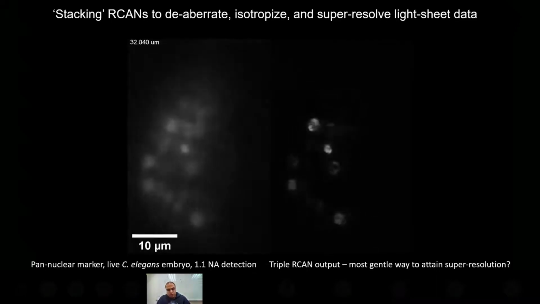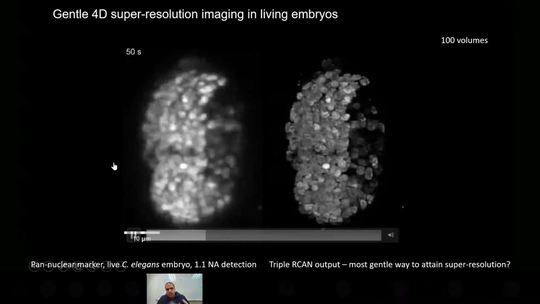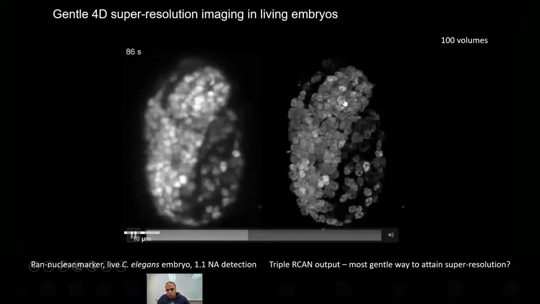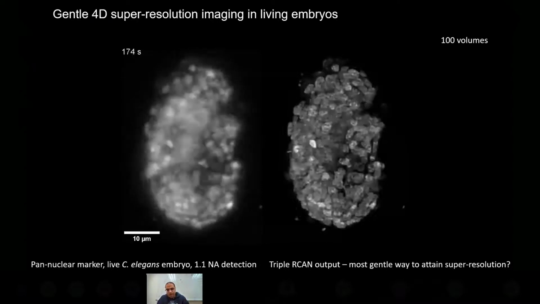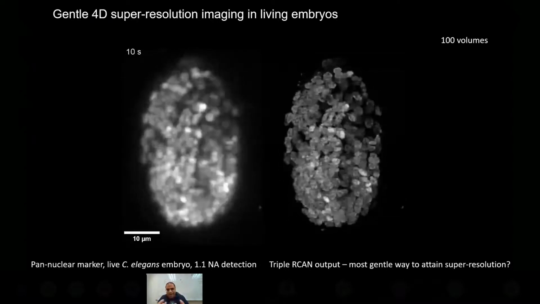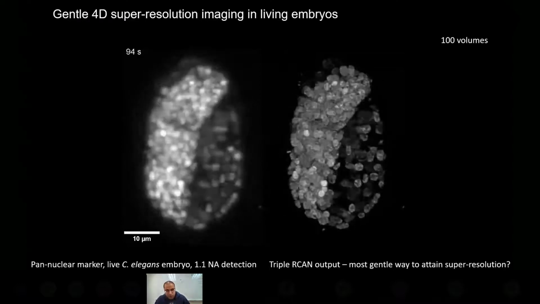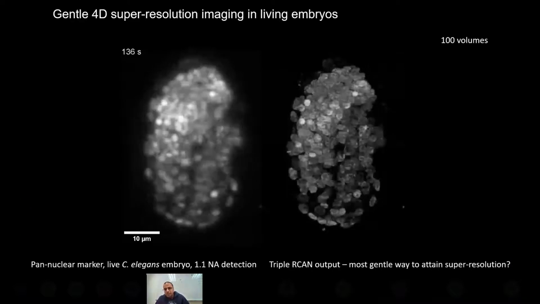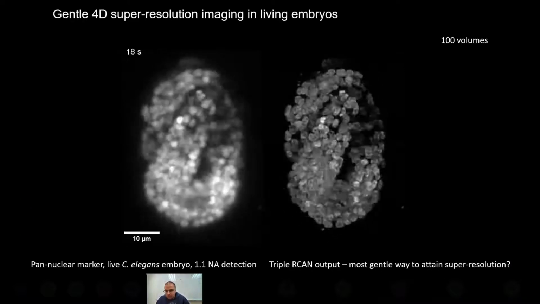So using the light sheet microscope, we can image for hundreds or thousands of volumes in writhing embryos, but we can restore this raw data so that the nuclei are better resolved both between nuclei and within nuclei. So I think this combination of light sheet microscopy and restoration may be the most gentle way of attaining super resolution in living, developing organisms or tissue.